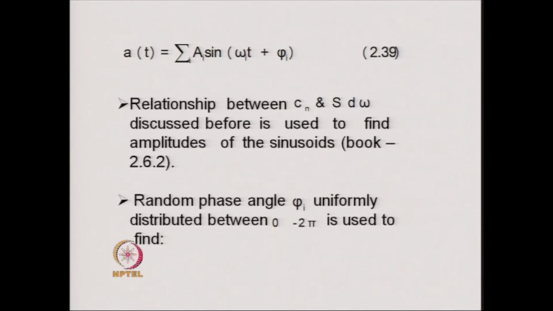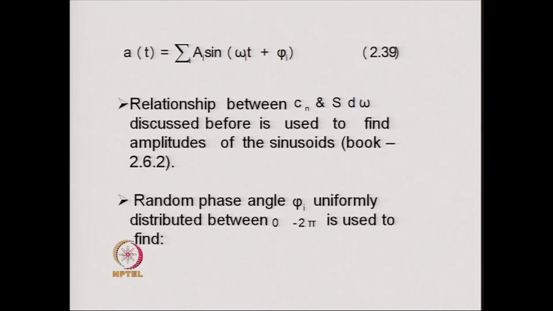If you recall, we obtained the power spectral density function from the Fourier spectrum in one particular problem, and there we have just seen how Cn is related to S into d omega. So, once we know the ordinate of the power spectral density function, then one can find out the value of Cn, and that Cn is nothing but the a i values.